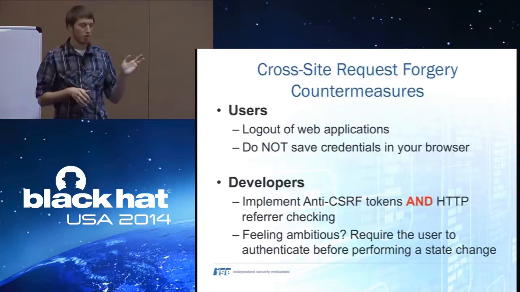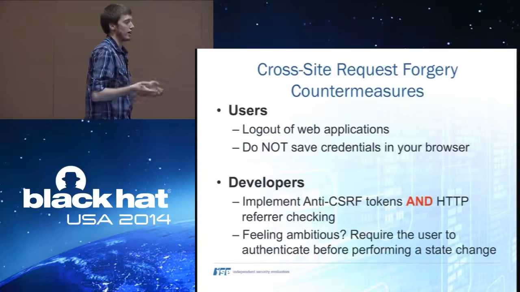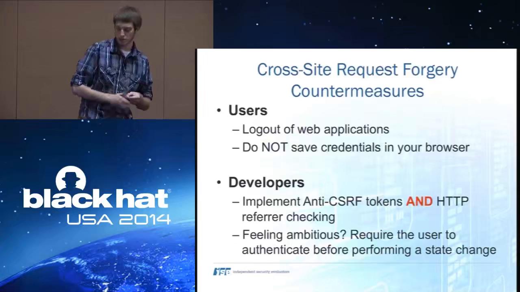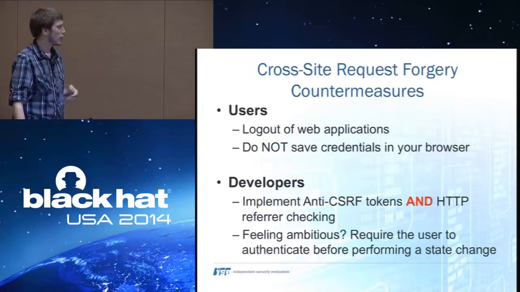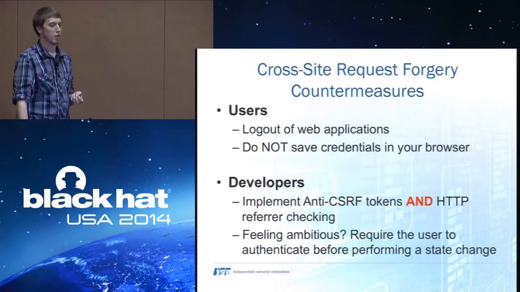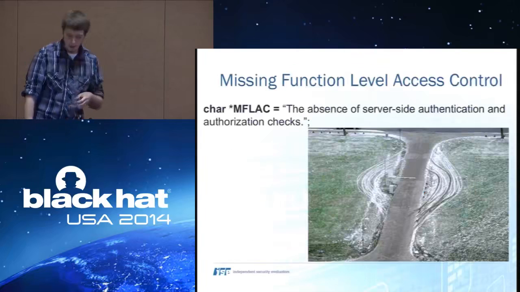But for a couple of years now, that hasn't been possible because the referrer header is now on a disallowed list of headers that can be modified. And then if you're feeling ambitious, have the end user re-authenticate before performing any action that performs a state change.